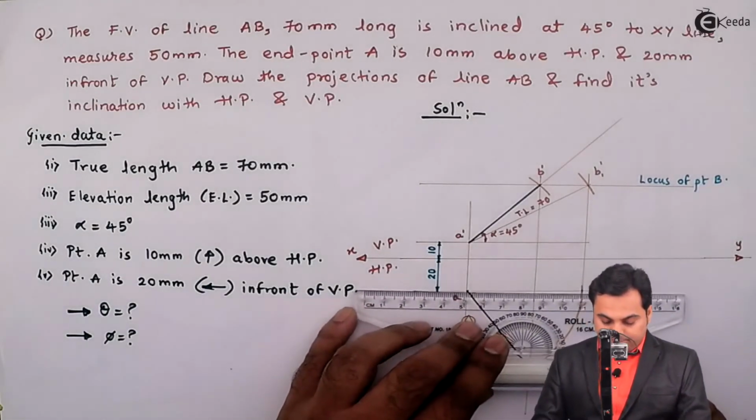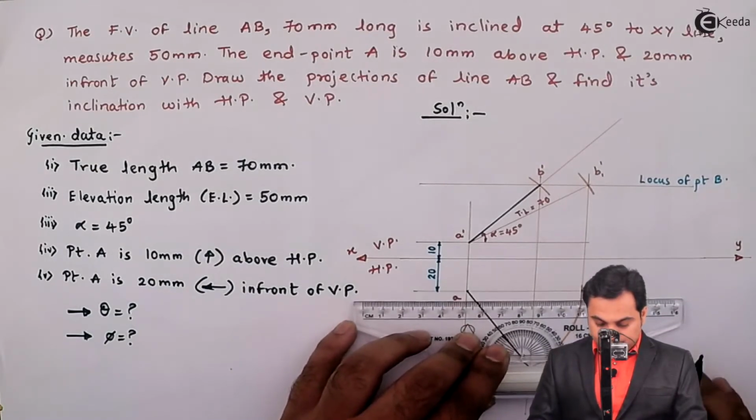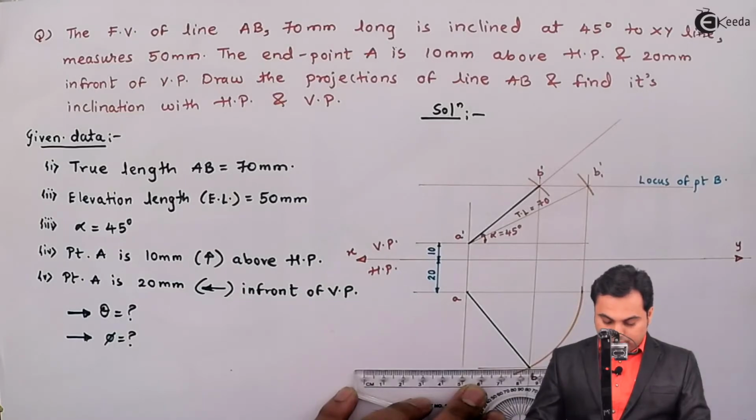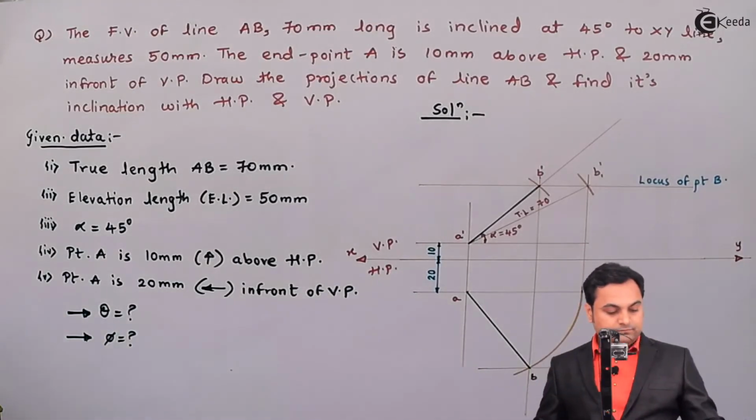Then through point B, projecting a light line.